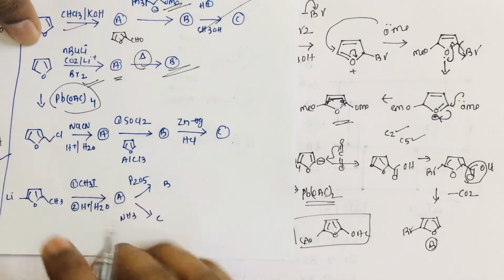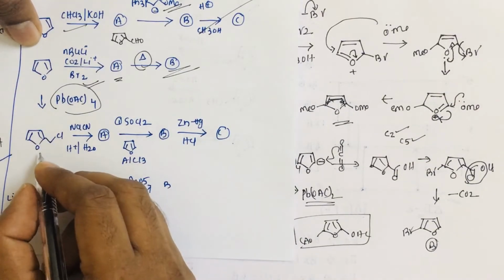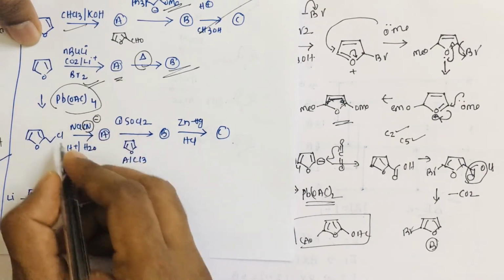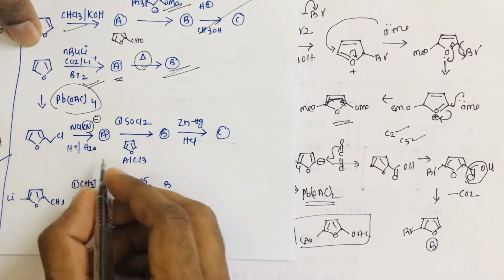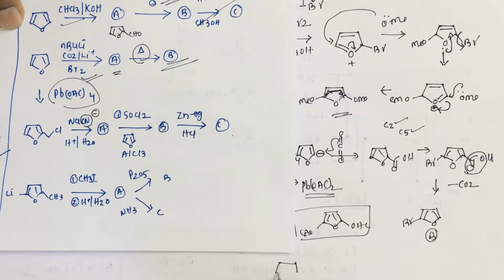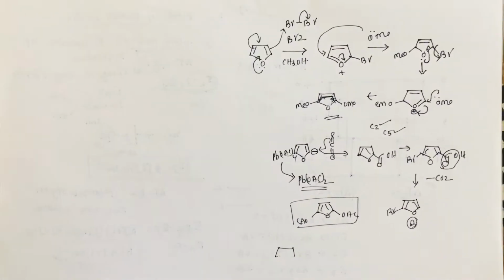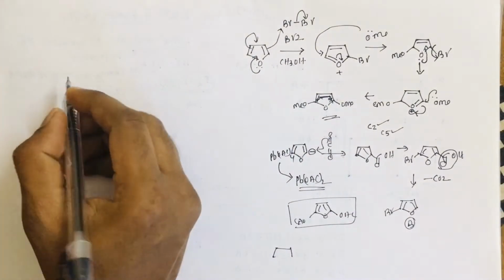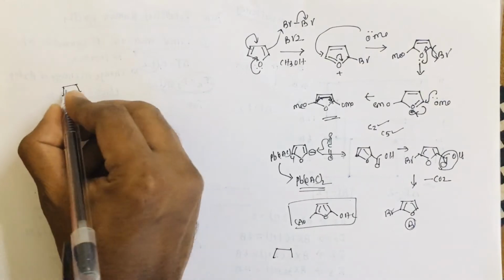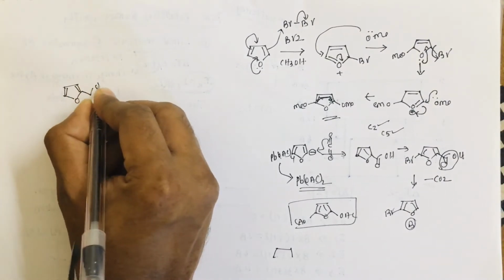then we have this compound, and here CN minus is there. Okay, here just nucleophilic substitution takes place. So this is the reactant, CH2Cl.